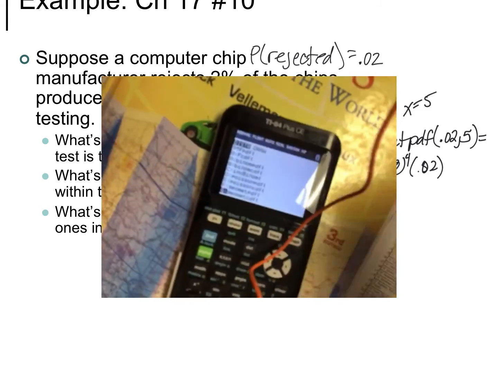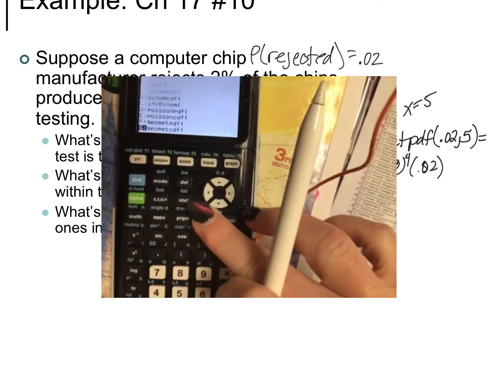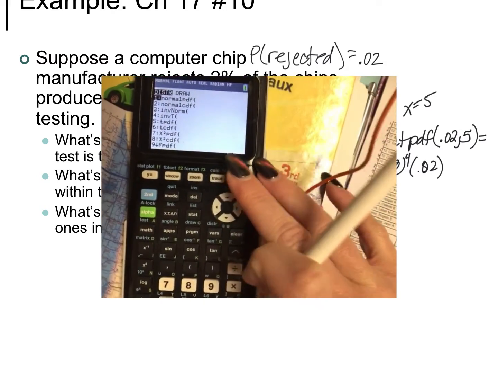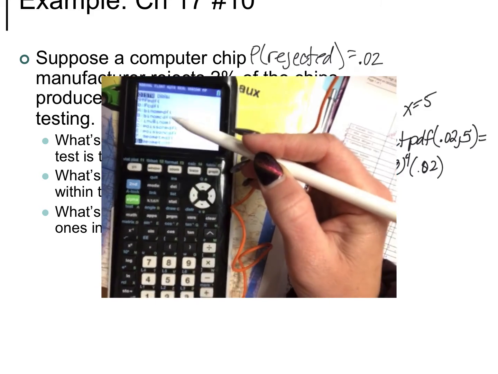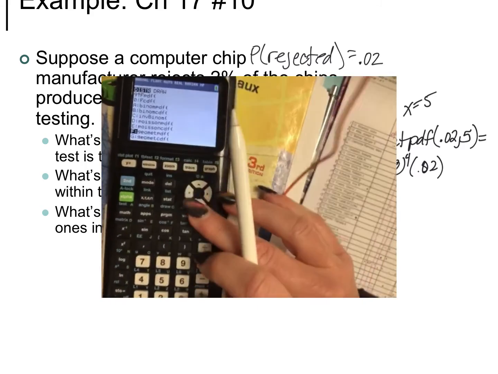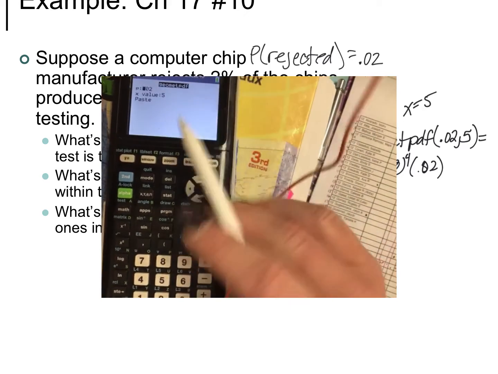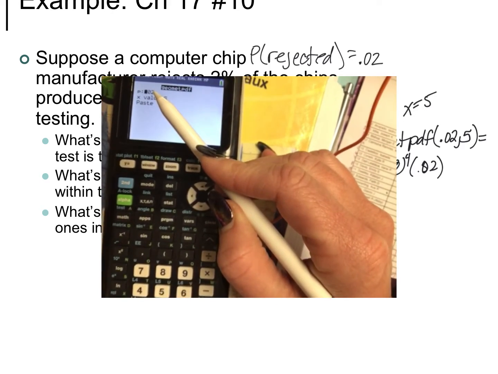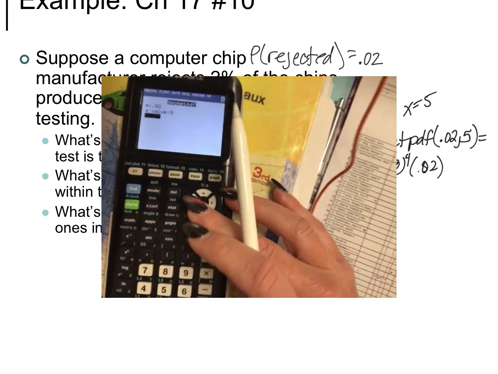Here's our calculator. The menu is second distribution, just like normalcdf. I go up because geometPDF and CDF are at the bottom, and then there is your binomPDF and CDF. And so I'm going to find geometPDF because I only want a single value. I put 0.02 in for my p and 5 in for my x value, and then I hit paste.